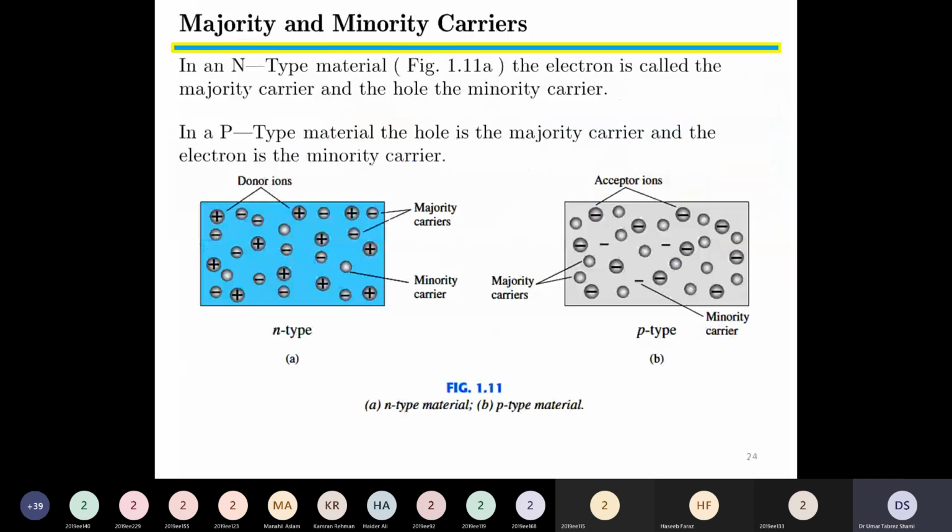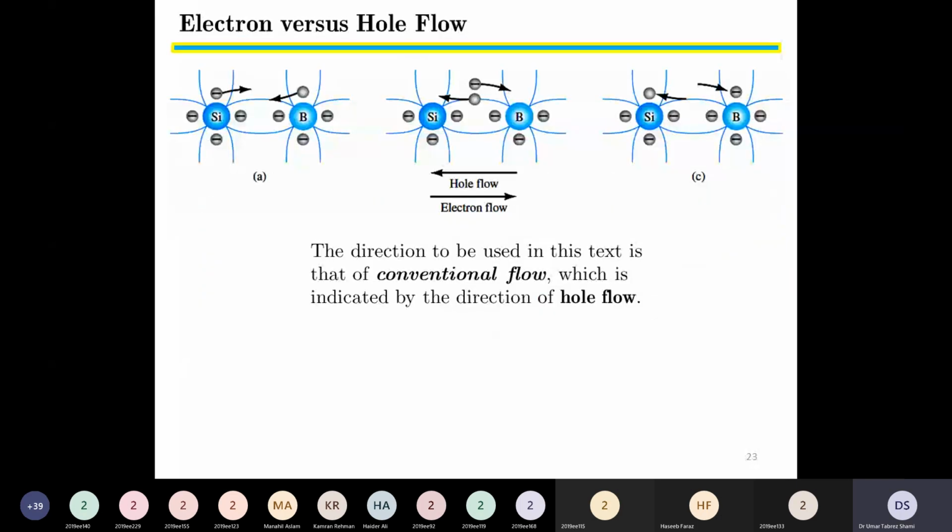Now we come to the concept of electron versus hole flow. The conventional direction of current is that current is the motion of positive charges. The conventional definition of current is the motion of electrical charges per time. However, we know that in fact there is no such thing as positive charge flow.